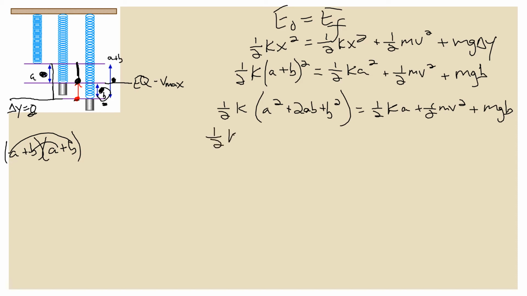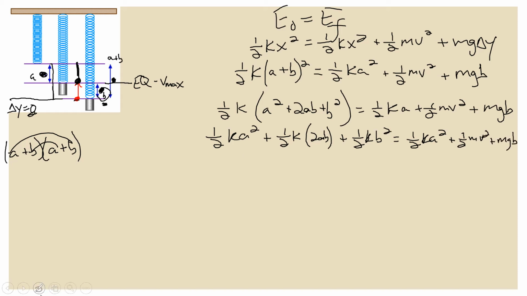So I'm going to have 1/2 k times a squared, 1/2 k times 2ab, which I'll put in parentheses so I don't lose the thread, and then 1/2 k times b squared. And on my right-hand side, I have everything the same: 1/2 ka squared plus 1/2 mv squared plus mgb.